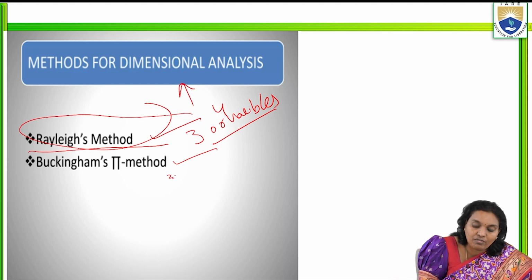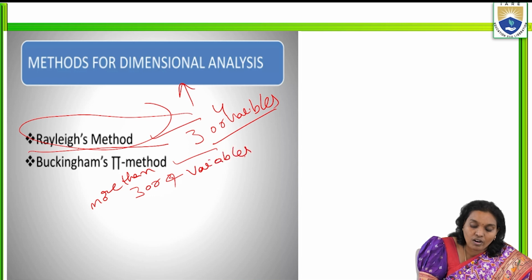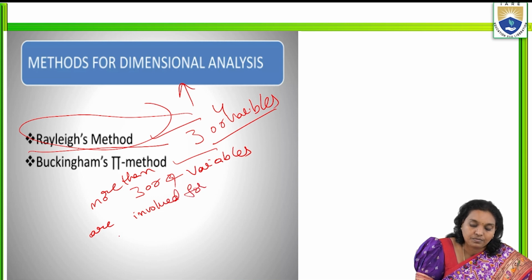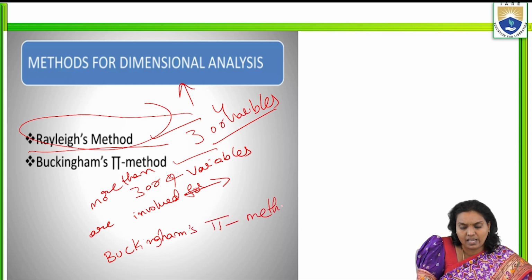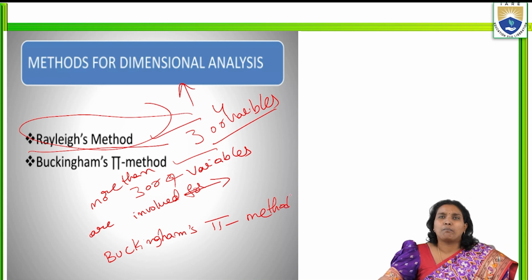When more than 3 or 4 variables are involved, we use Buckingham's pi theorem, or Buckingham's pi method, for dimensional analysis.